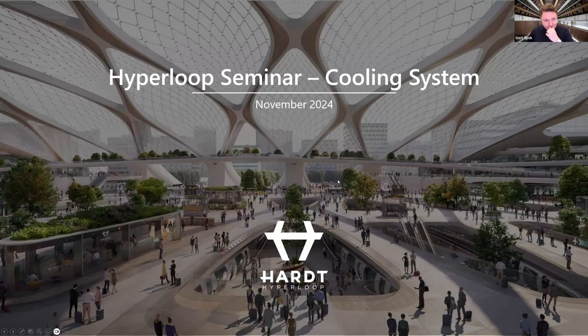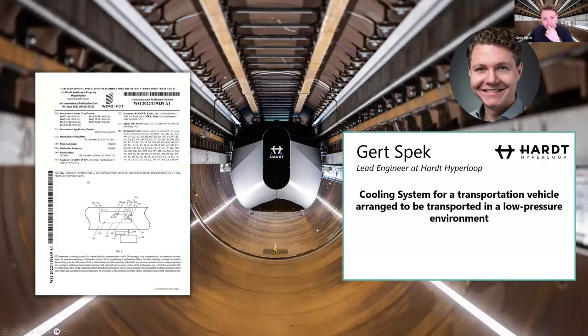This has actually been part of a study within Hardt already back in, I think, 2020, 2021, where we analyzed cooling systems for Hyperloop applications, and came mostly to the same conclusions as Manuel just did, that it's going to be very difficult to transport a significant amount of heat inside this thermos flask that we call Hyperloop vehicles.